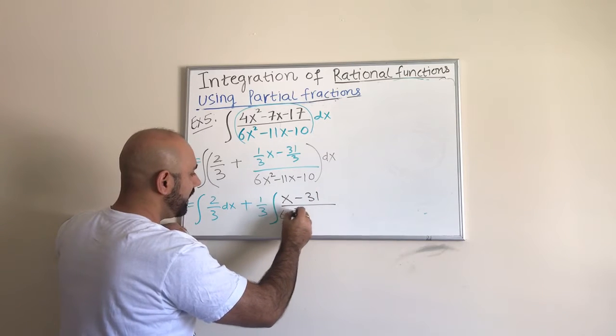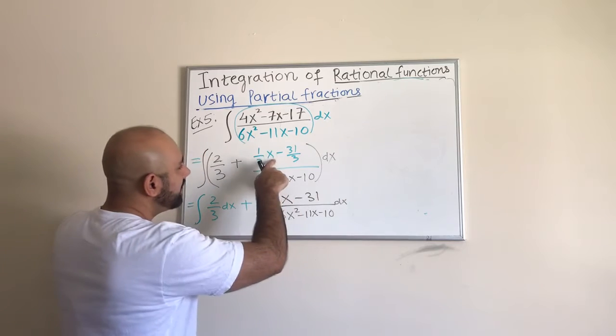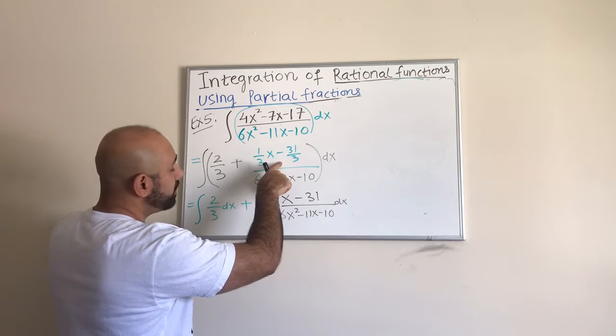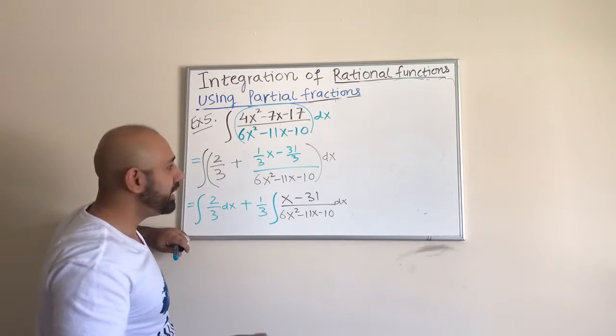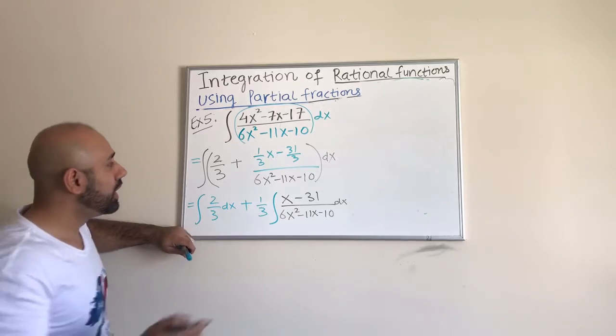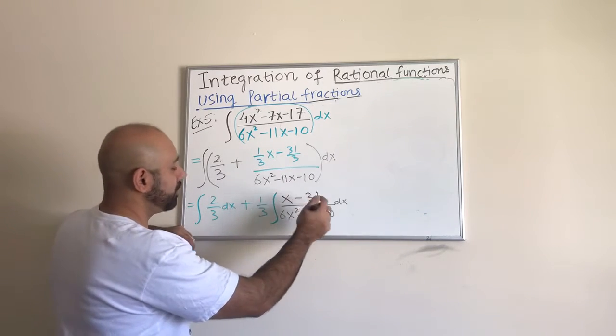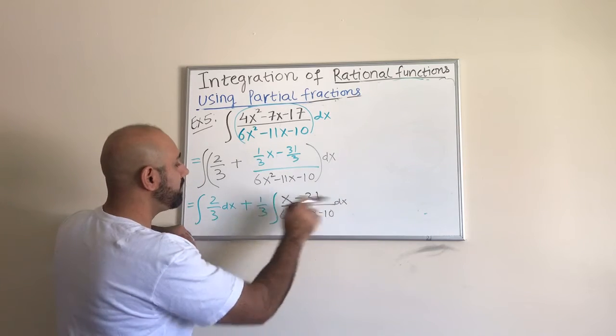So I'm going to just write it like that, and then there's a dx. Because this numerator can be written as x minus 31 over 3, since they have the same denominator, and I can just take out that 1/3, which I have to do anyway because it's a constant, and then I'll be left with x minus 31 divided by this denominator, and dx.